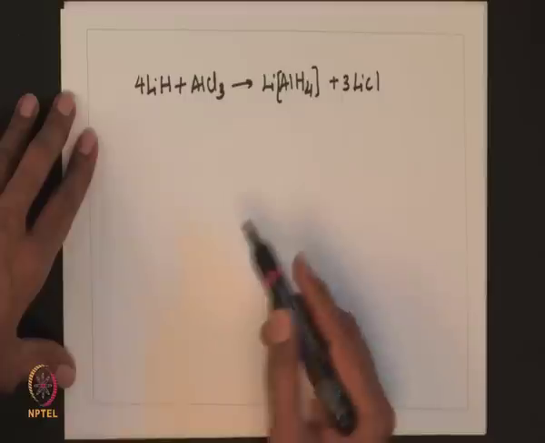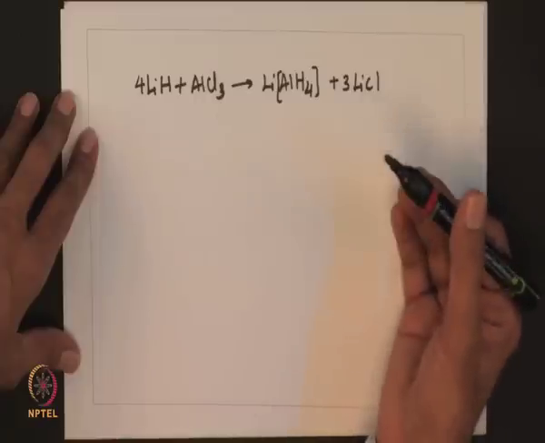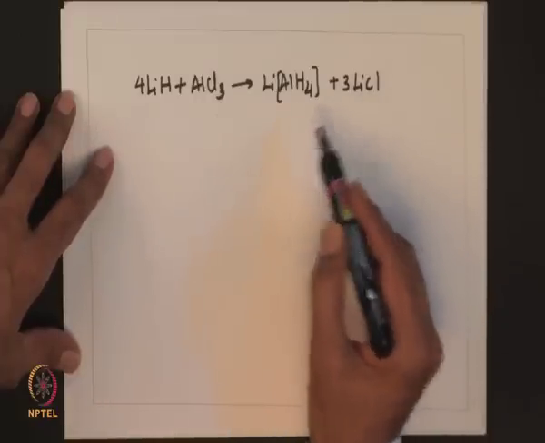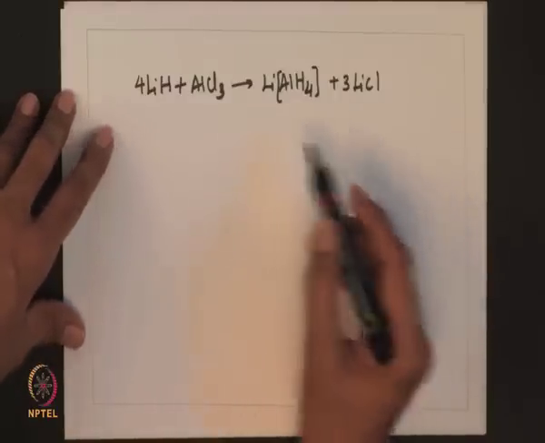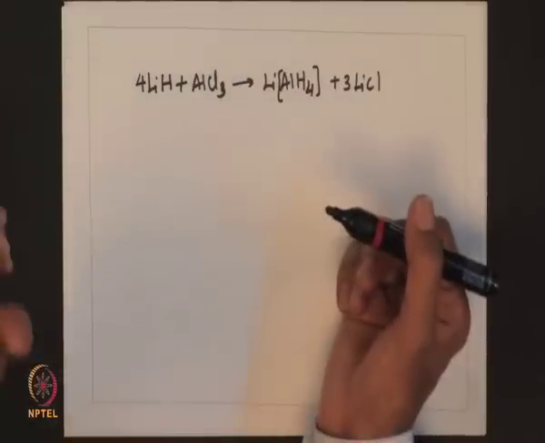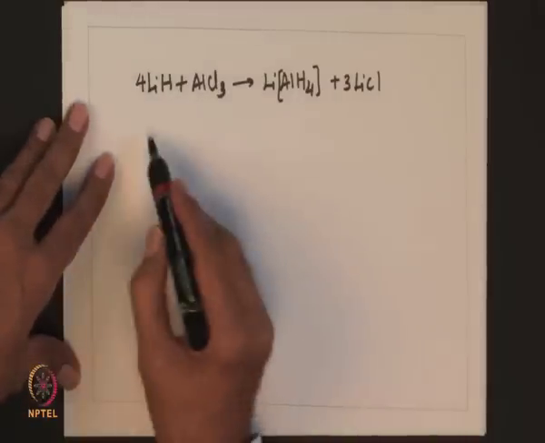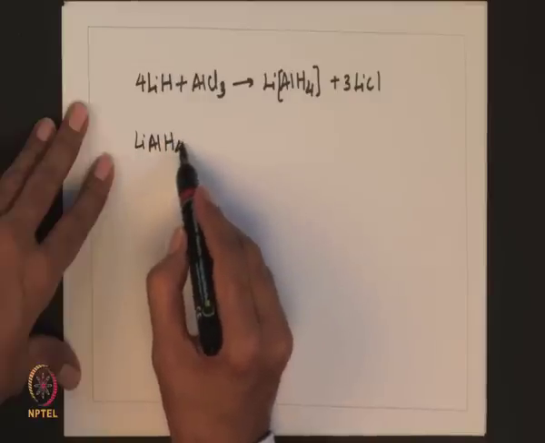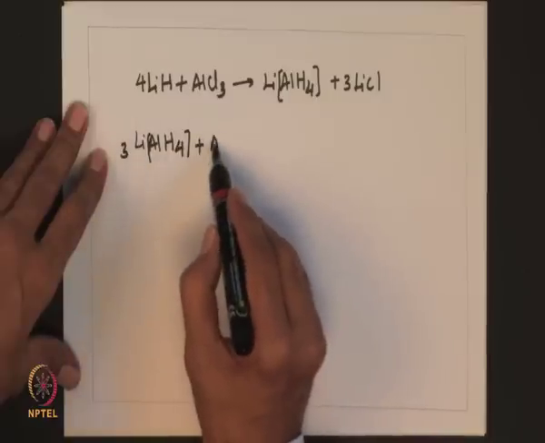And of course, this reaction has to be carried out in ether solution, preferably in diethyl ether, and addition of further quantities of aluminum trichloride in ether solution yields an ethereal solution of AlH3. That means, you can isolate aluminum trihydride as an adduct of ether.